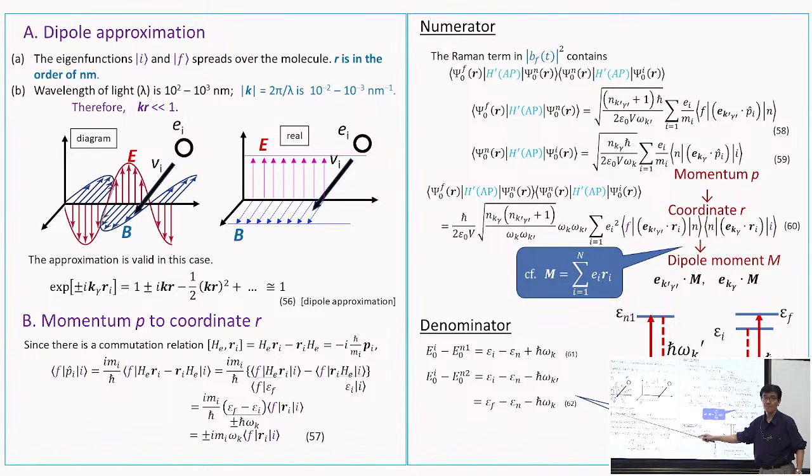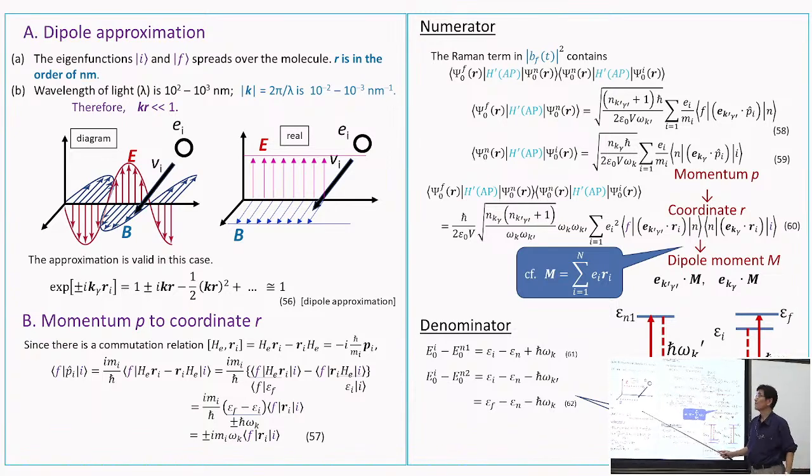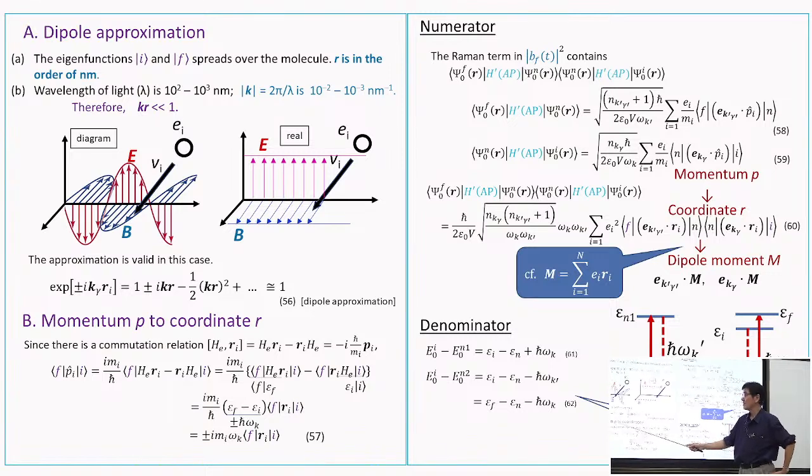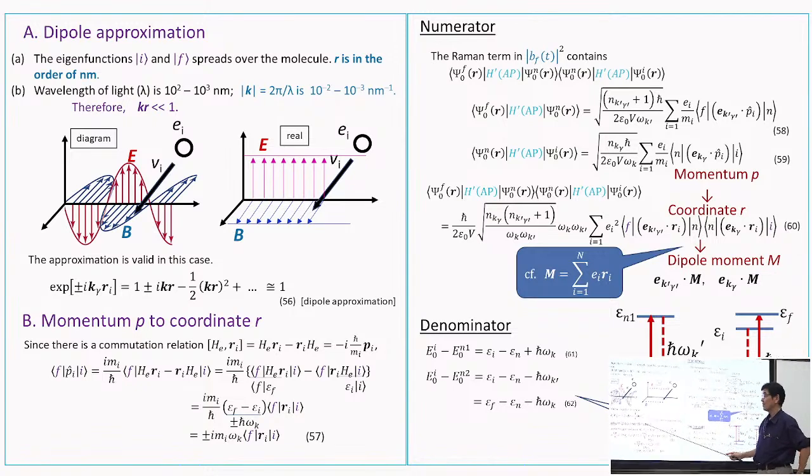As far as kr is small, it's a good approximation. And the second and latter terms become much smaller than the first term. So we can assume that the exponential term is nearly equal to unity. This is the so-called dipole approximation. Okay, this relationship allows us to make the equation much simpler. This is the first idea.